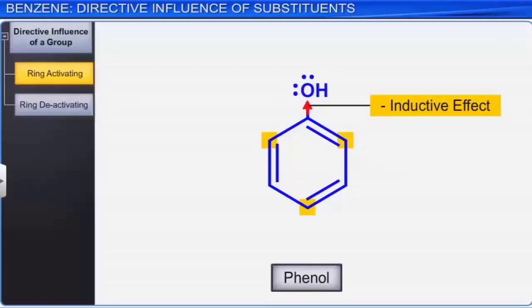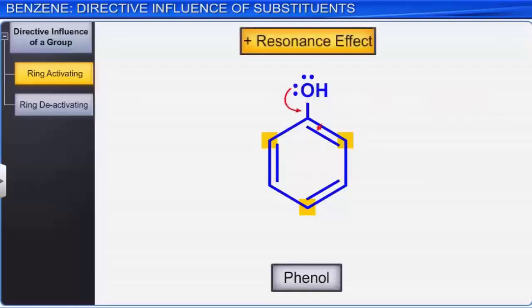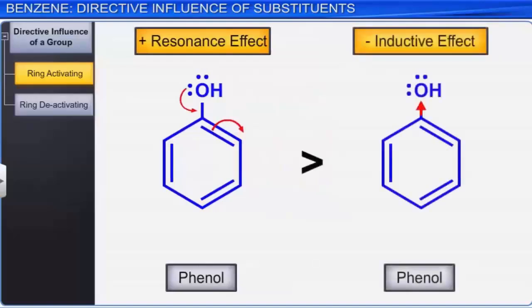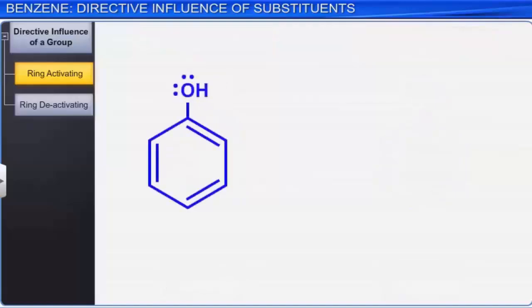This is because of the plus resonance effect, which overweighs the minus inductive effect. Thus, the reactivity is predominantly controlled by the plus resonance effect of hydroxyl group. Due to the plus resonance effect of hydroxyl group, the ring gets activated and the incoming electrophile is directed to the ortho and para positions.